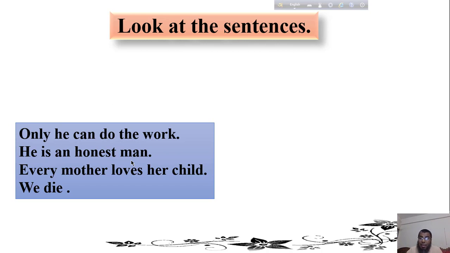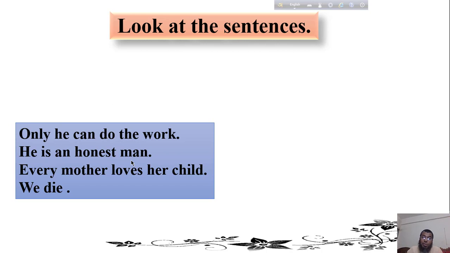Second one, he is an honest man. So we are giving a statement about a person that he is an honest man. Third one, every mother loves her child. So here also we agree or confess the good qualities of every mother. And the last one, yeah.